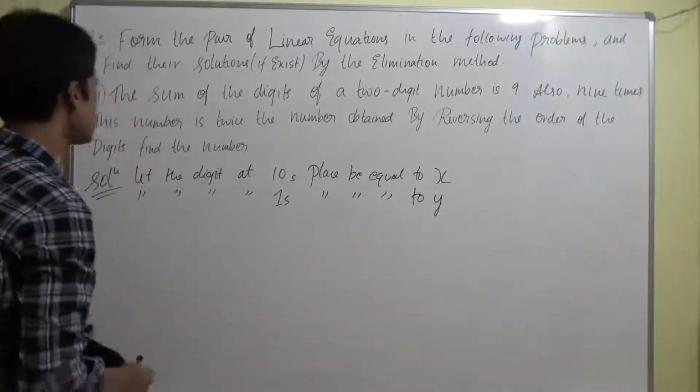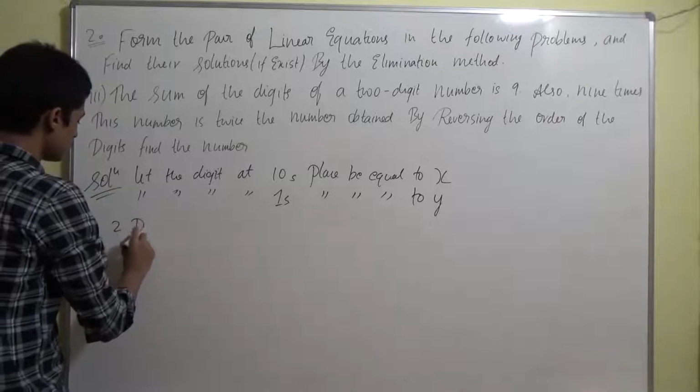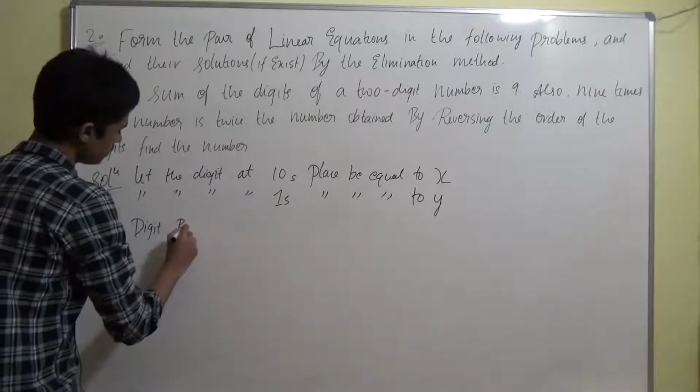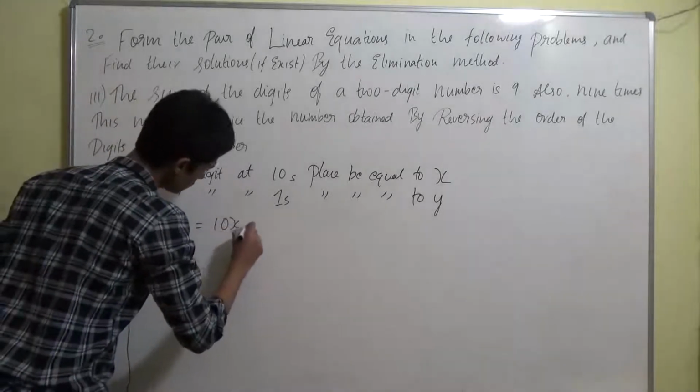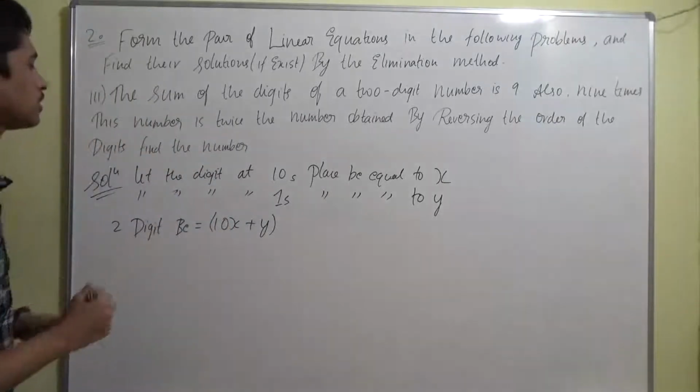So the two digit number will be equal to 10 into x, which is 10x plus y. This is the two digit number.